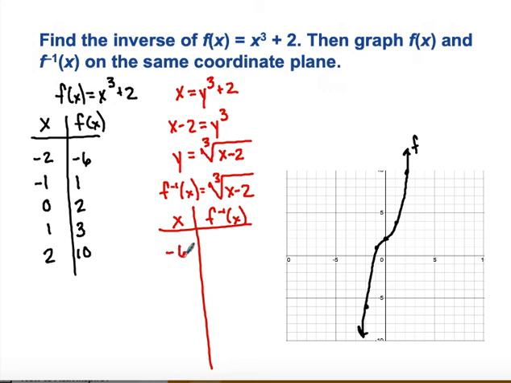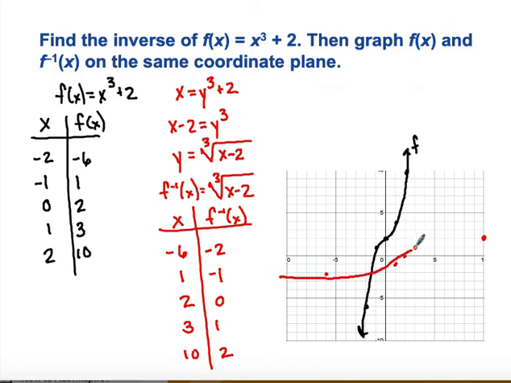So instead of negative 6, 2, I'm going to graph negative 6, negative 2, 1, negative 1, 2, 0, 3, 1, and 10, 2. So when I graph that, 3, 1, 1, negative 1, 10 is going to go up to 2, and negative 6 is going to be down to negative 2.